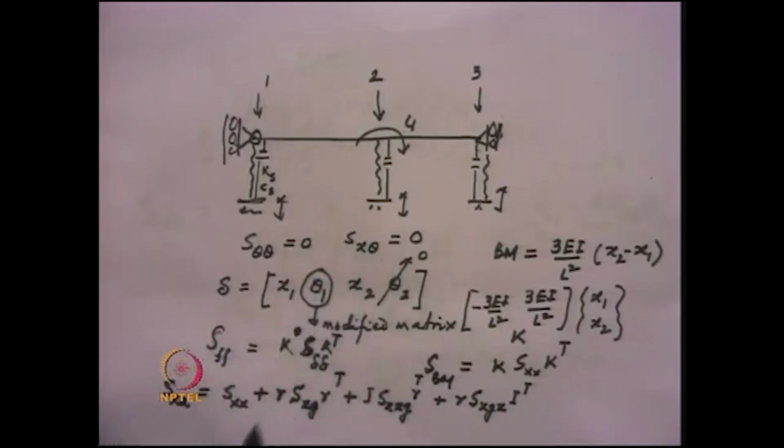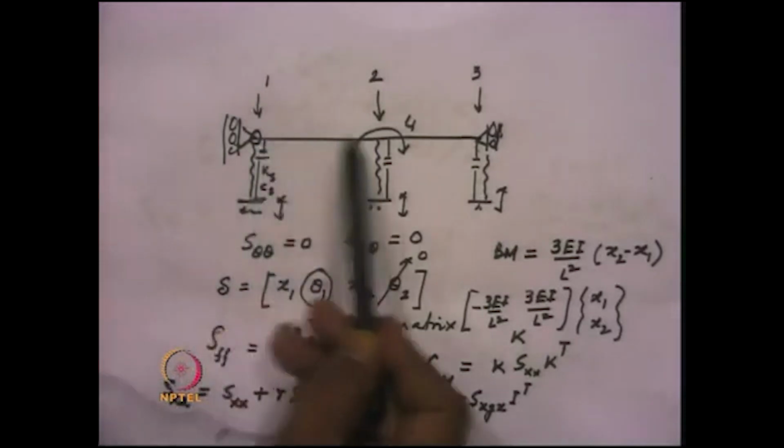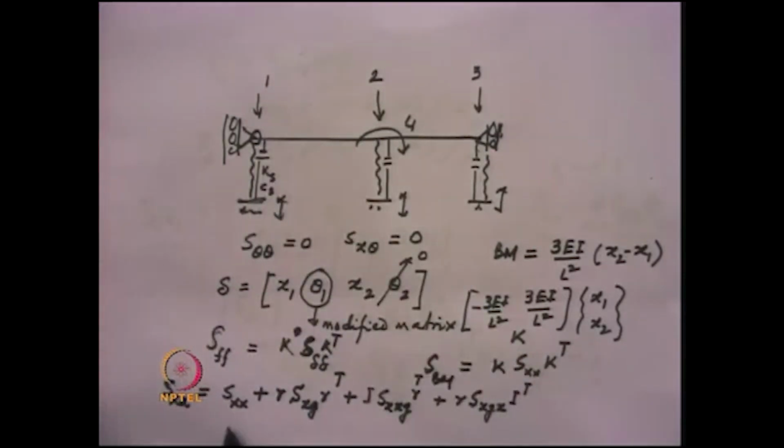what we do is that in obtaining the cross power spectral density function matrix of these absolute displacements, we go back to the previous problem that we have solved, in which we should know the power spectral density function matrix of the relative displacement, then the power spectral density function matrix of the ground displacement, then Sxxg and Sxgx that we had solved in the previous problem.